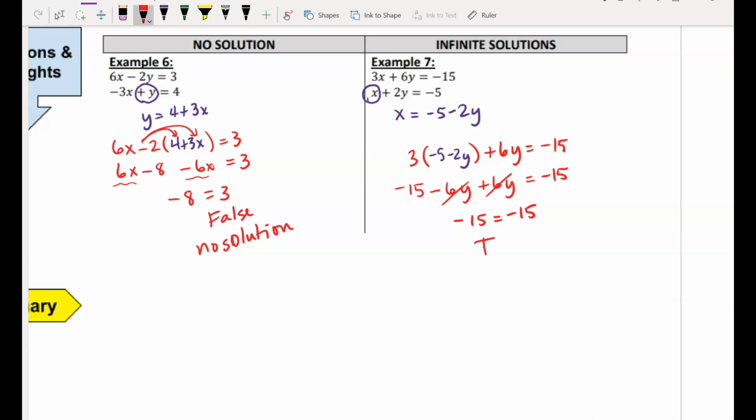Negative 15 is equal to negative 15. If I don't have any variables left, but I get a true statement, then that indicates that there are infinitely many solutions. And we know from our graphing that that means that these equations represent the same line. Good luck on your practice, and ask questions if you have any.